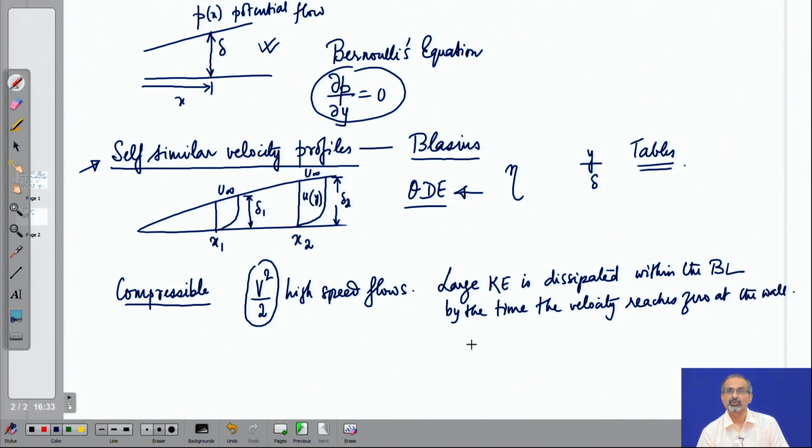Now, what happens as a consequence? There is a significant rise in internal energy.